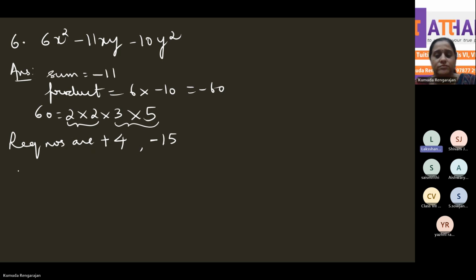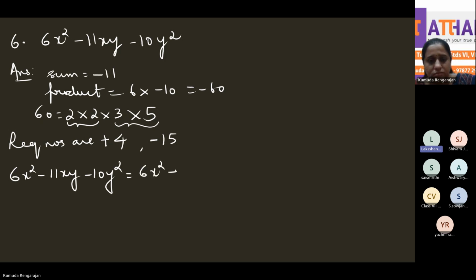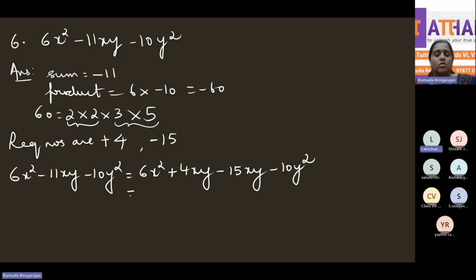Ma'am, so 6x squared minus 11xy minus 10y squared is equal to 6x squared plus 4xy minus 15xy minus 10y squared. Okay.